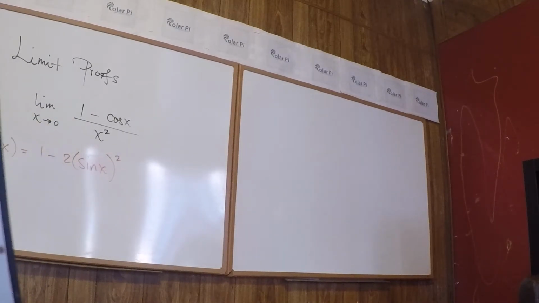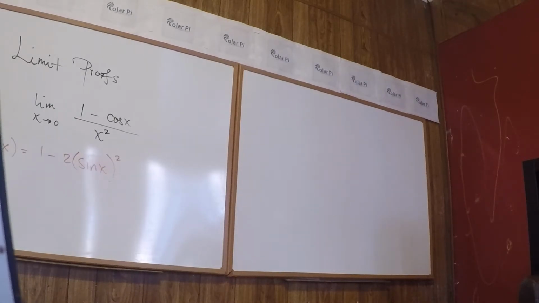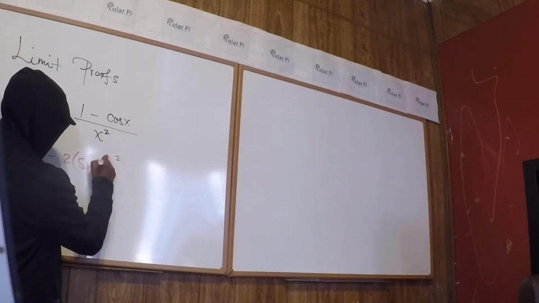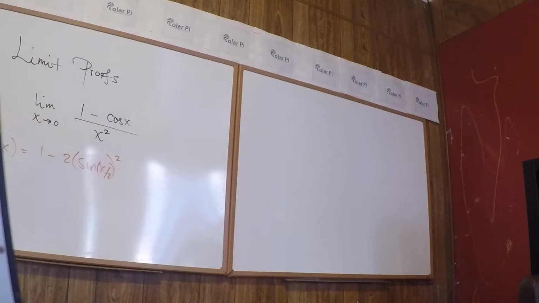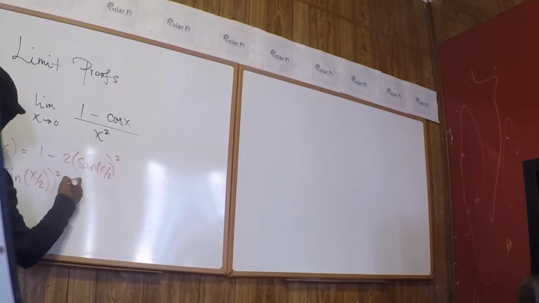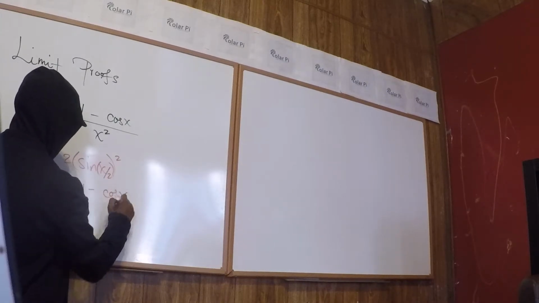Now, if I get rid of this 2, I'd have to write sine x over 2 in the argument of sine. Second, I can rearrange this equation so that I have 2 times sine of x over 2 whole squared is equal to 1 minus cos x.